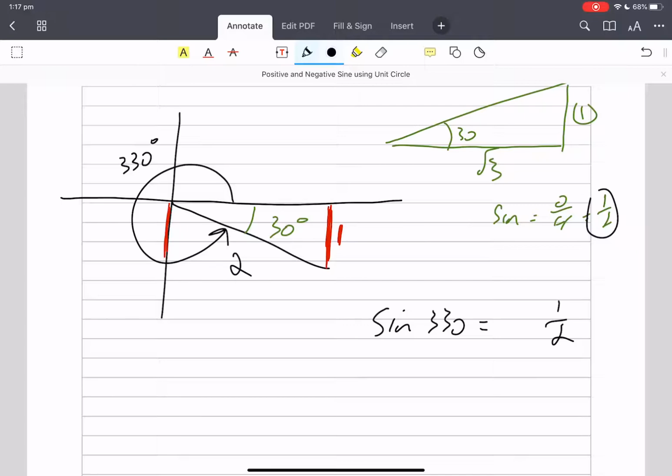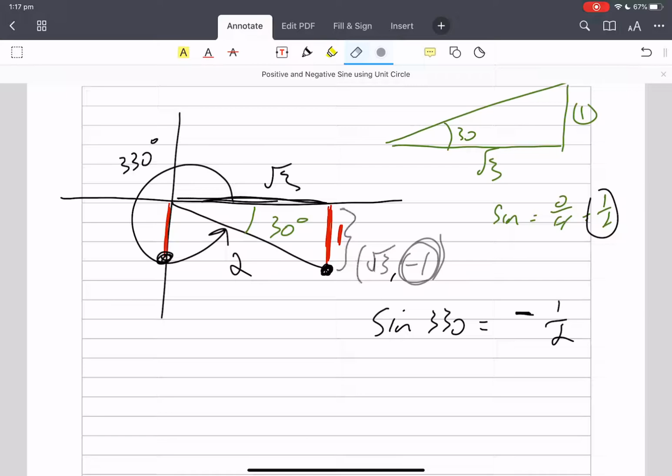But importantly, this value of y is negative. So this is the point root 3, negative 1, isn't it? It's root 3 because that's root 3. And that 1 is a negative 1. Therefore, sine 330 is negative a half.